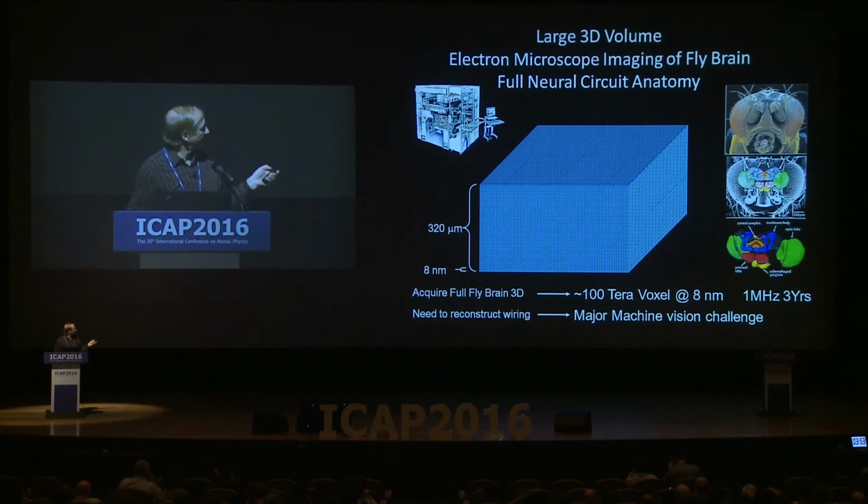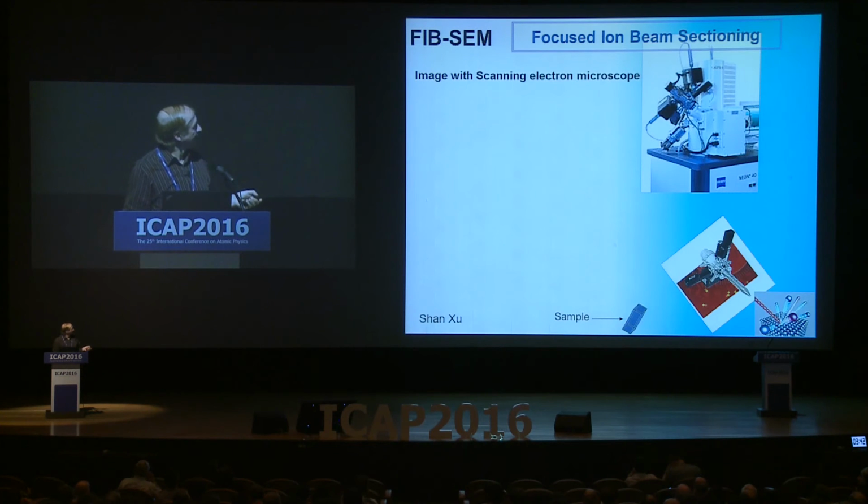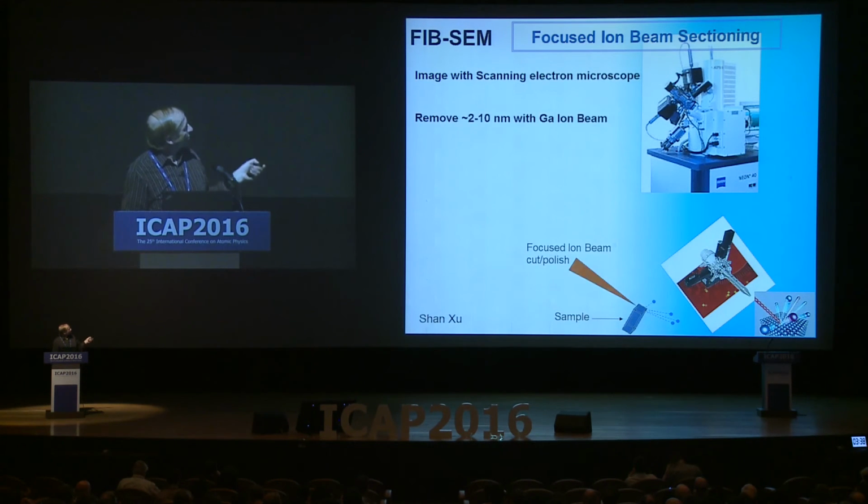And I was comfortable with it just because I thought, well, this kind of high throughput instrumentation has a lot of potential for science too, not just technology. And I decided to use a rather unusual approach, which is focused ion beam sectioning.